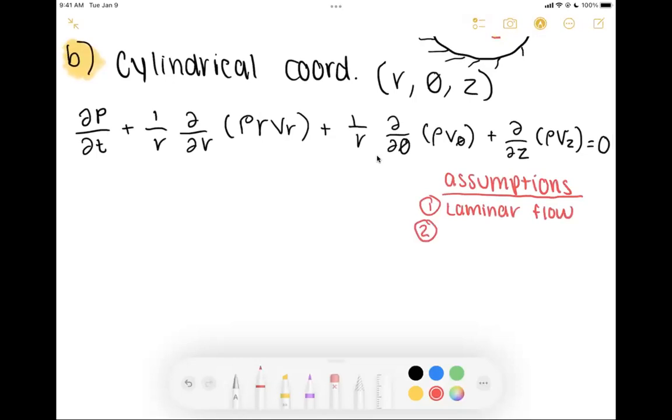The second assumption that I typically make is that it's steady flow, which means that it is not changing with time. So the d over dt is going to be 0. The third is that it is incompressible, because it's a liquid. So that means that rho is constant.